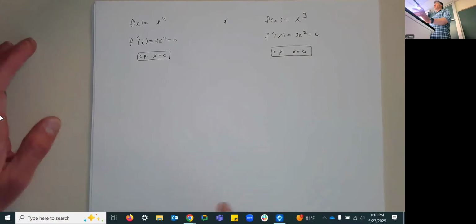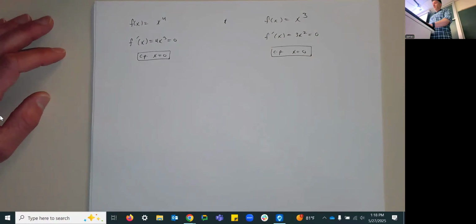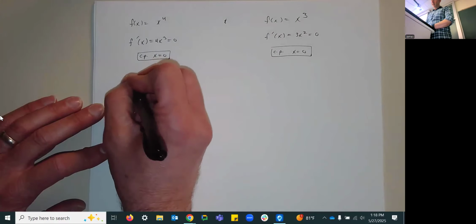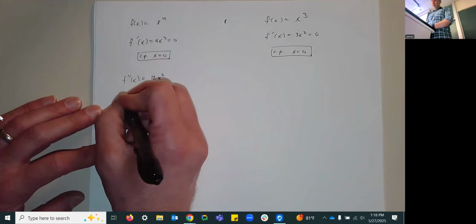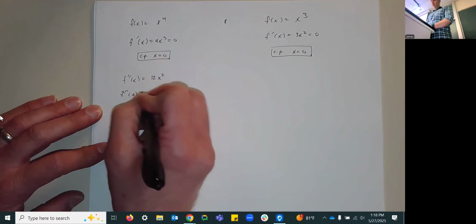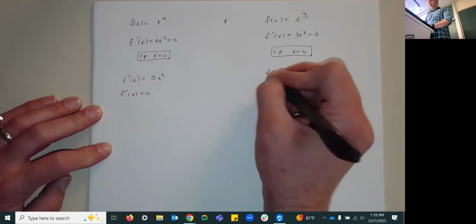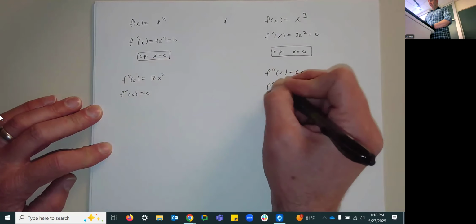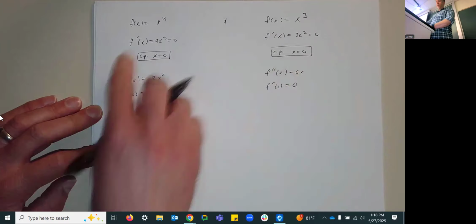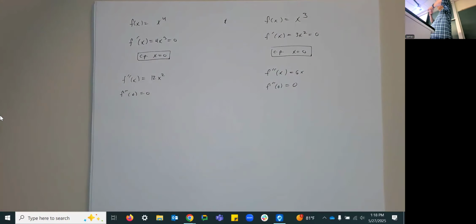And for both of these, the second derivative test completely fails us. If I take the second derivative in either case, the second derivative here is 12x squared. And if I plug in 0, I get 0. Same deal here. My second derivative is going to be 6x. And if I plug in 0, I'm going to get 0. But these two functions don't have the same type of feature at the origin.